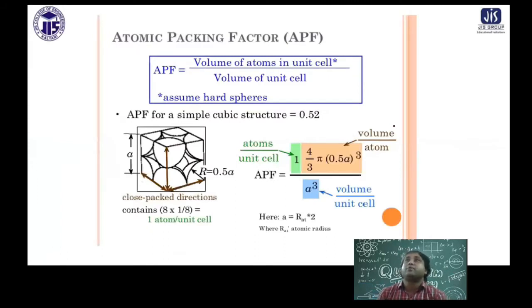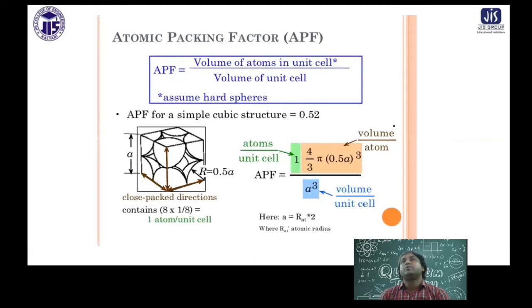Okay, this is how atomic packing fraction is calculated. The formula is the effective number of atoms per unit cell times the volume of one atom, divided by the volume of the unit cell. The volume of one atom is 4/3 pi r cubed.